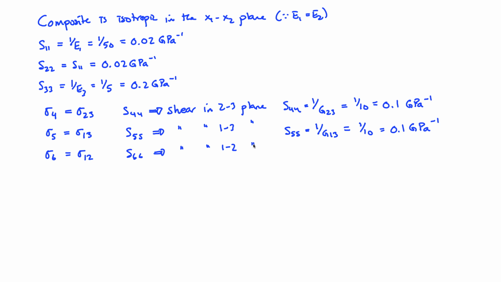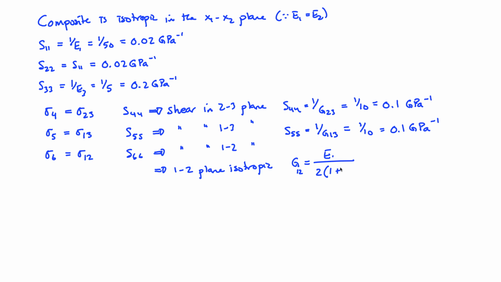And we're not given a shear modulus for the 1, 2 plane, but we do know that the 1, 2 plane is isotropic. So here we say that the 1, 2 plane is isotropic, and we can use our relationship between the elastic moduli to get the value of the shear modulus in the 1, 2 plane.